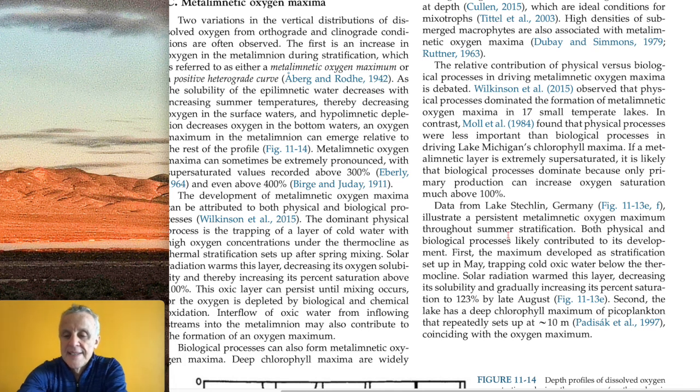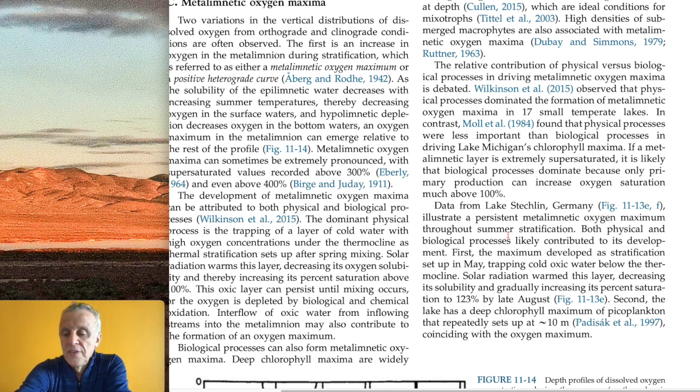Data from Lake Stechlin in Germany illustrate a persistent metalimnetic oxygen maximum throughout summer stratification. Both physical and biological processes likely contributed to its development. First, the maximum developed as stratification is set up in May, trapping cold oxic water below the thermocline.